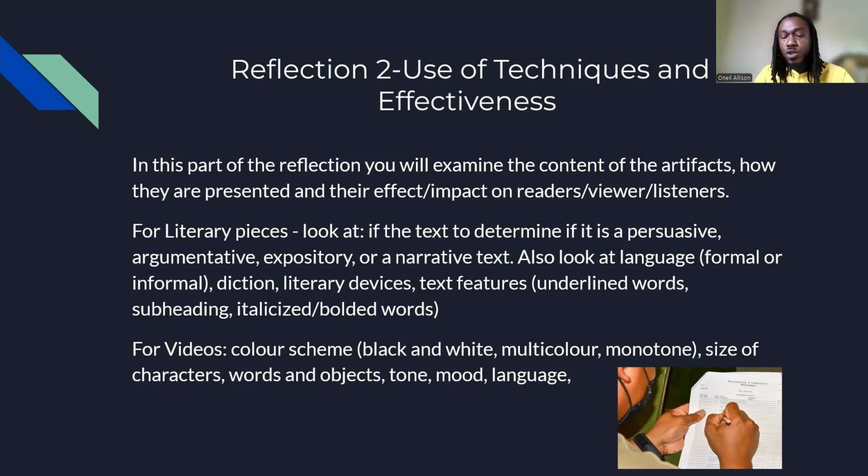All right. You can also examine text features like subheading. Did they bold words? Why did they bold or italicize a few words? Why did they underline a few words? What is the importance or relevance? Or how will it impact the comprehension or the understanding of the readers in reading this text? So this is for a literary or written piece.